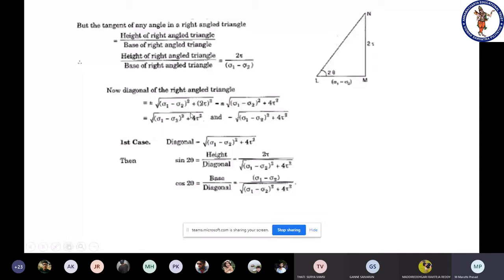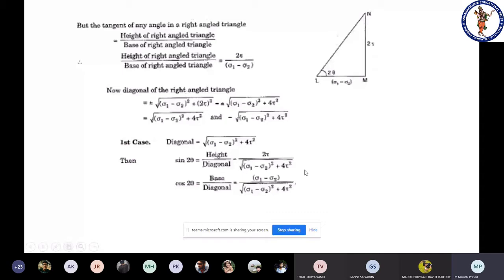Using this diagonal, I am going to calculate sine 2 theta and cos 2 theta. Sine 2 theta equals opposite side by hypotenuse. The opposite side is 2 tau and the hypotenuse is the positive value of the diagonal, so sine 2 theta is 2 tau by root of sigma 1 minus sigma 2 whole square plus 4 tau square.